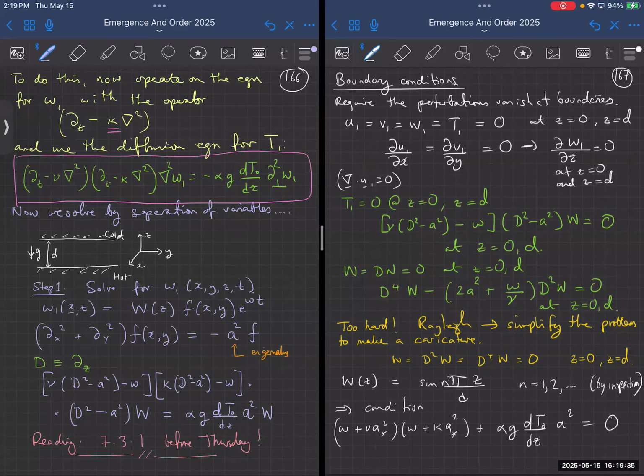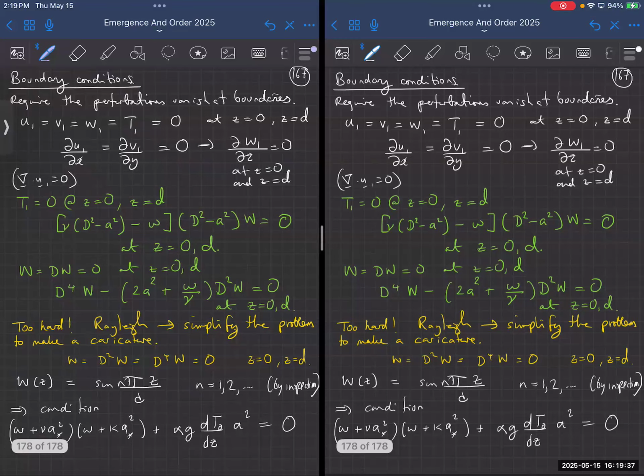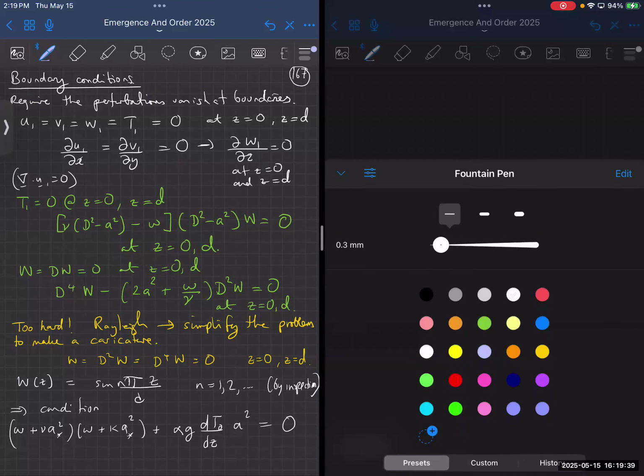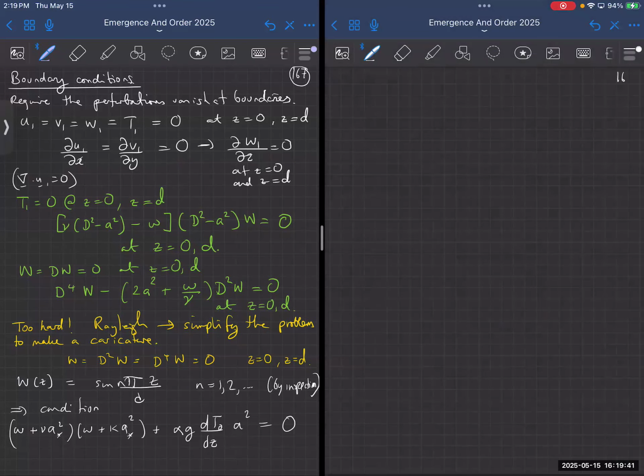So that's an algebraic equation, and I would define a new quantity. I call this quantity A star squared. It's another eigenvalue. This is A squared plus n squared pi squared over d squared. And now I plug that into here, and I've got a quadratic equation. So now I can solve for omega.